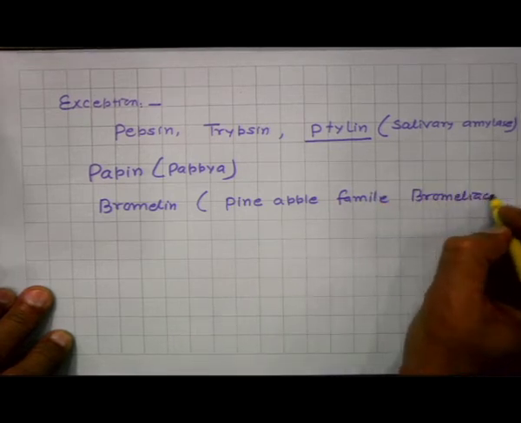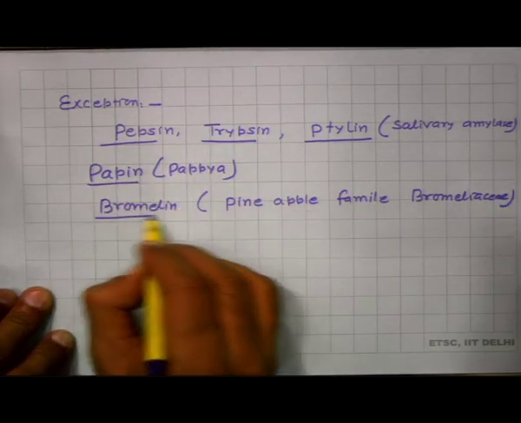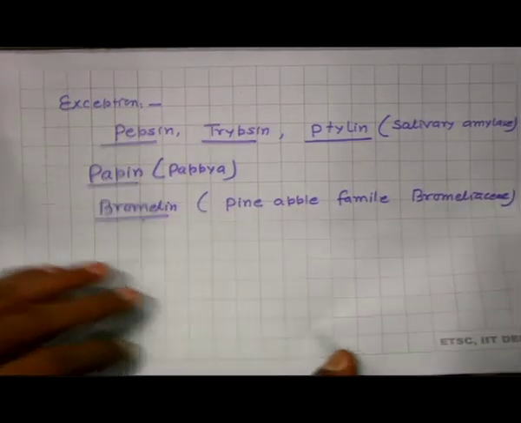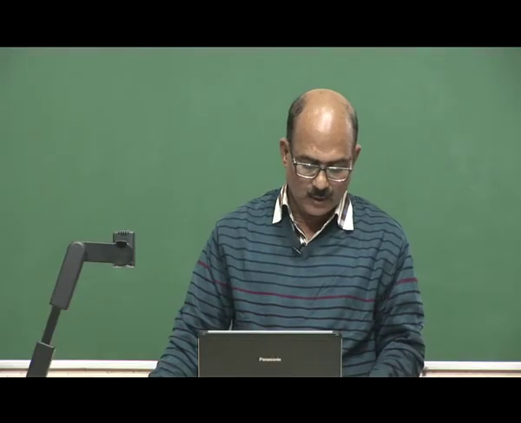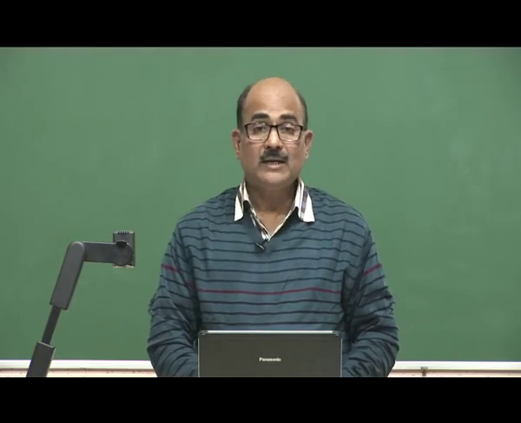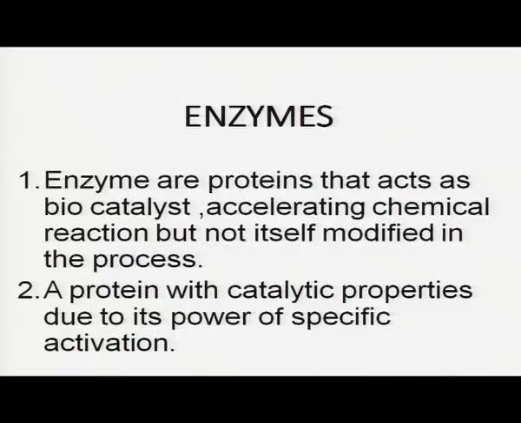These are older names, already in our day-to-day use, so the name has stayed the same as the older one. These are the different types of chemical nature of enzymes as well as the nomenclature of enzymes.